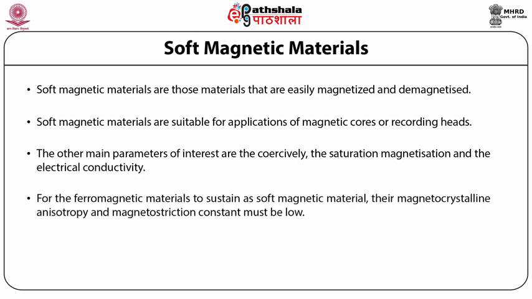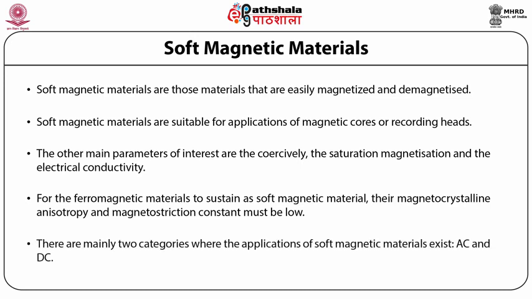For the ferromagnetic materials to sustain as soft magnetic material, their magnetocrystalline anisotropy and magnetostriction constant must be low. In addition, for easy migration of magnetic domains, they must have a small number of defects such as crystal grains.